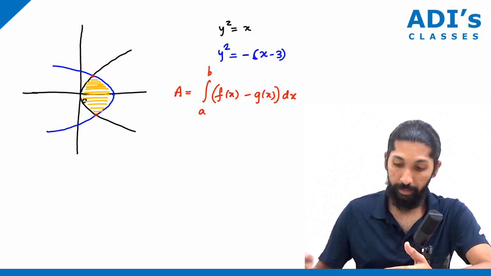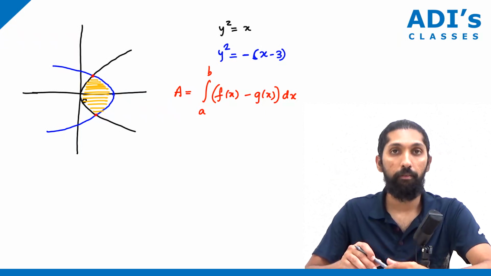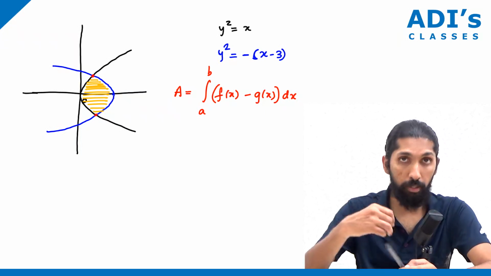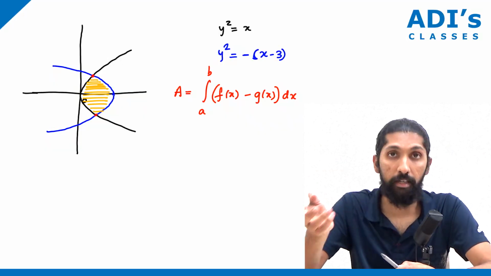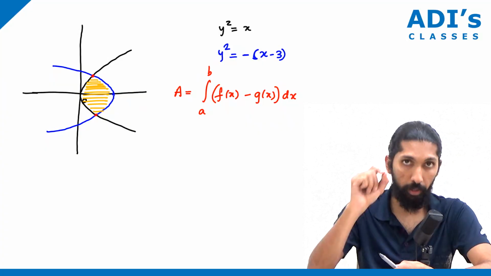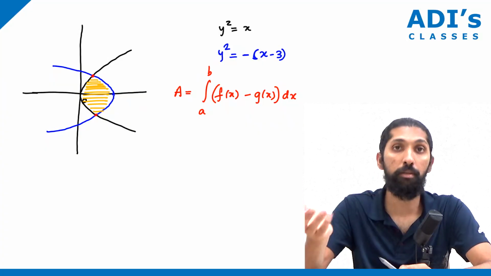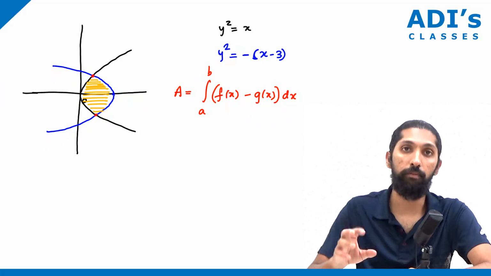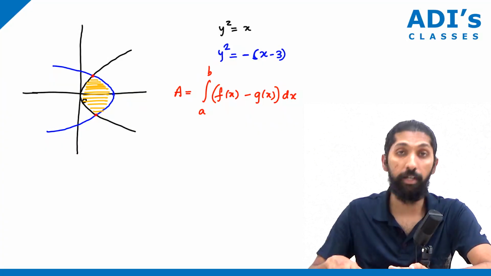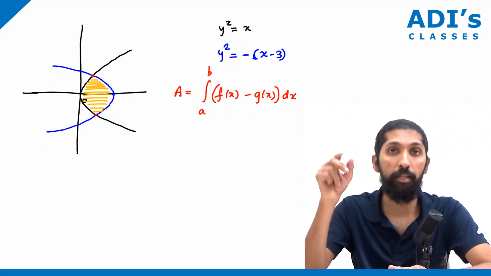Now, from the next video onwards, we'll start with the problems. As we are doing the problems, you will understand how to find the area, how we find the points, and how we use the points. So from the next video onwards, we'll start with problems related to finding the area between the two curves.